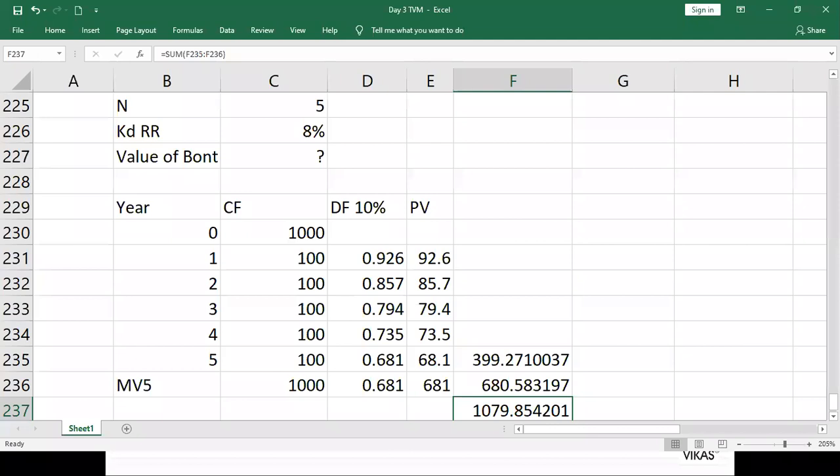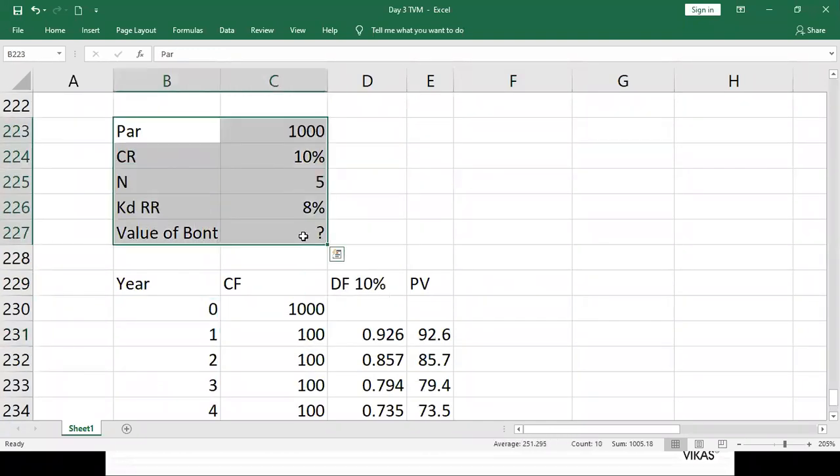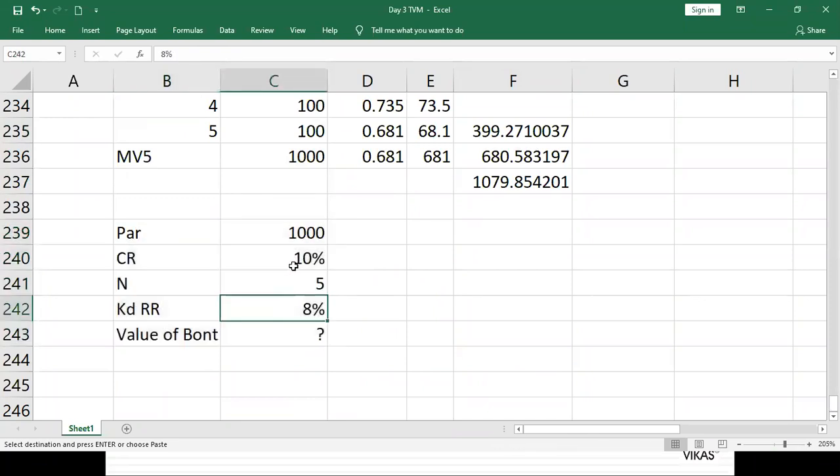Okay. I may confuse you, right? Okay. Same information. If the coupon rate is 8%, what is the value of the bond?